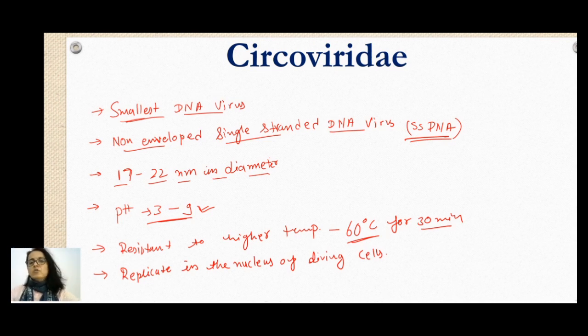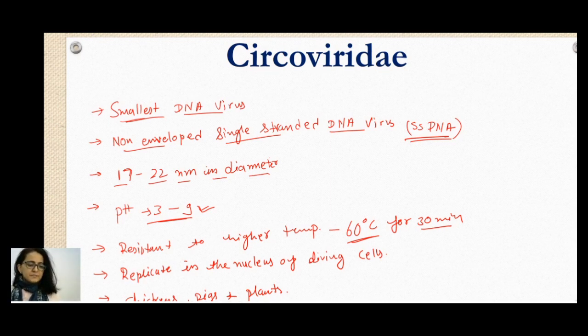Circovirus multiplies or grows only in dividing cells, in the dividing cell nucleus, and infects mostly chickens, pigs and plants.